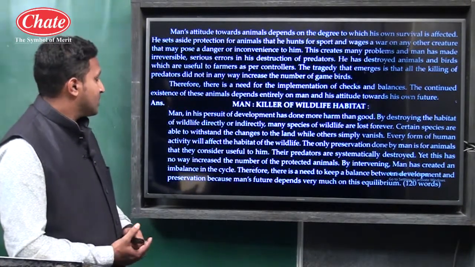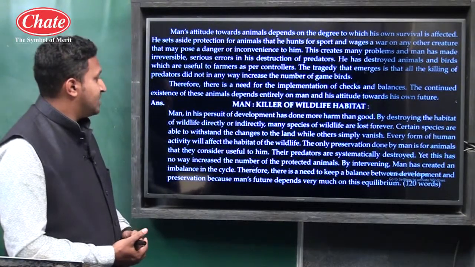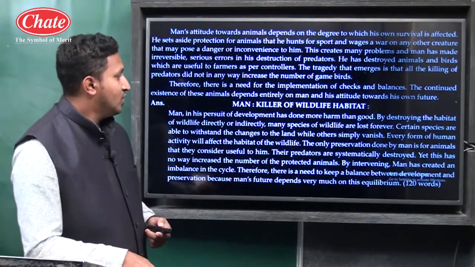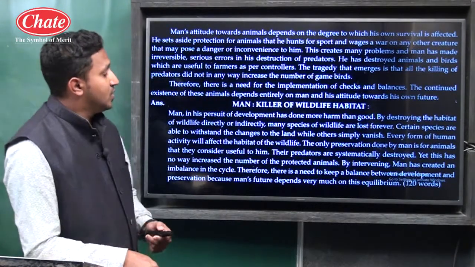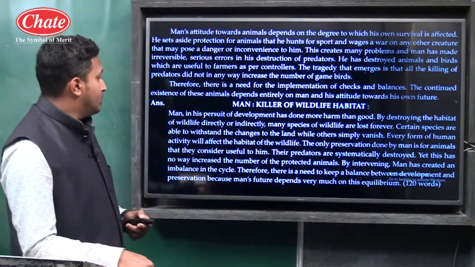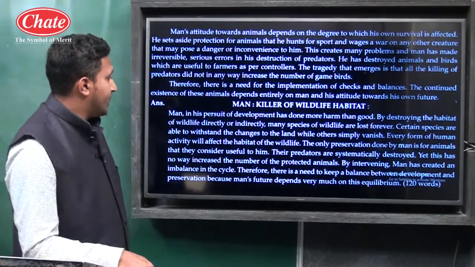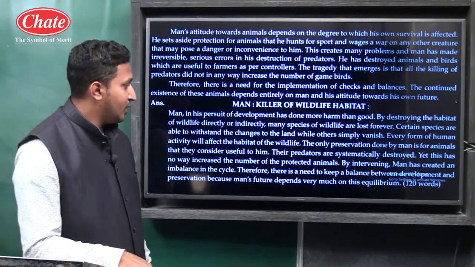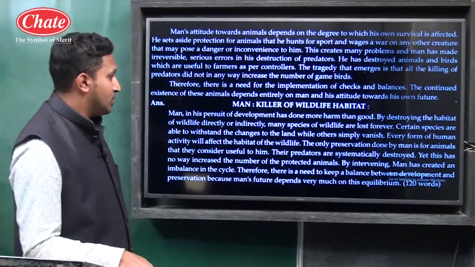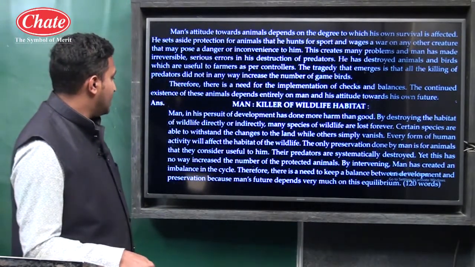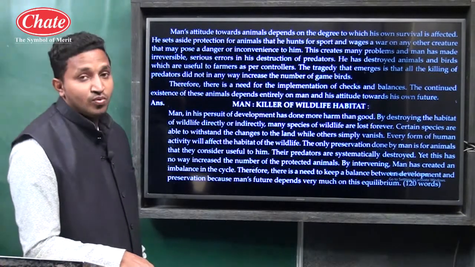Certain species are able to withstand the changes to the land, while others simply vanish. Every form of human activity will affect the habitat of the wildlife. The only preservation done by man is for animals that they consider useful for them.